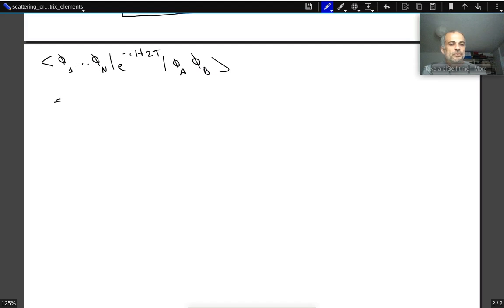So this will be equal to, for the ingoing particles, the integrals over d cubed kx divided by 2 pi cubed, where here x will be a or b, and I have the corresponding wave functions.